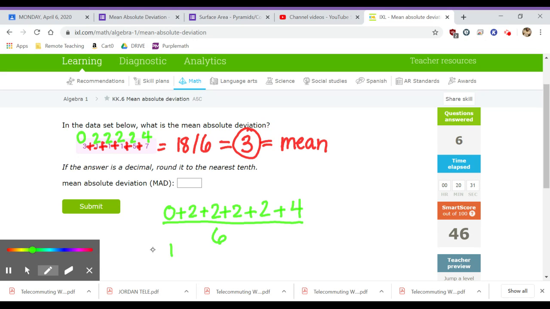So that's going to equal 12, still divided by 6. So that's going to give me 2. So my mean absolute deviation on this one is 2.